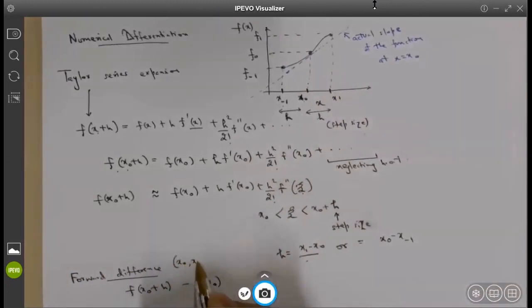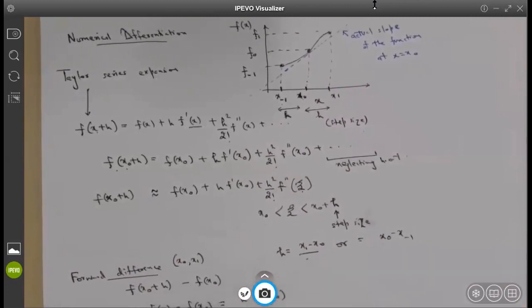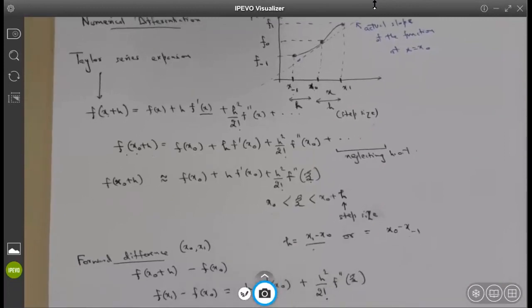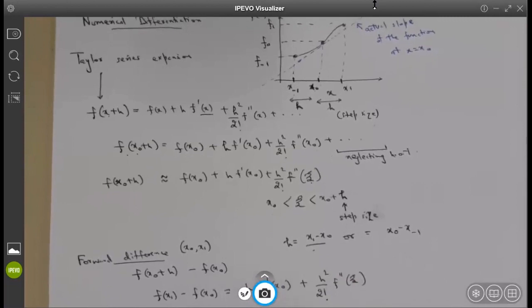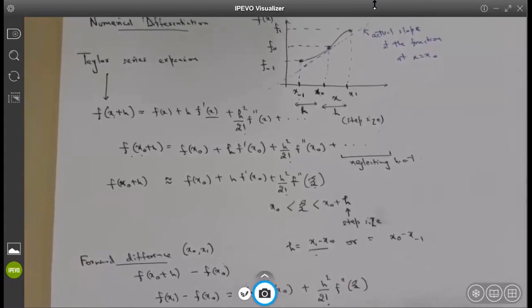So f of x naught plus h, which is f of x1, minus f of x naught is equal to h times f prime x naught, plus a specific number given by h squared by 2 factorial times f double prime zeta. Or I can write f prime of x naught as f of x1 minus f of x naught divided by h, minus h over 2 times f double prime zeta.